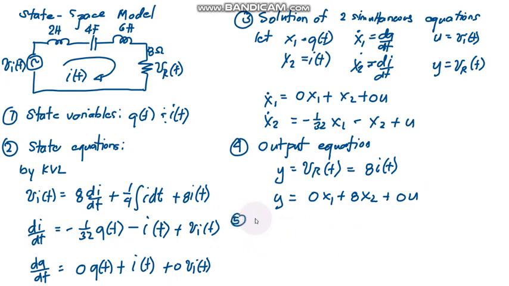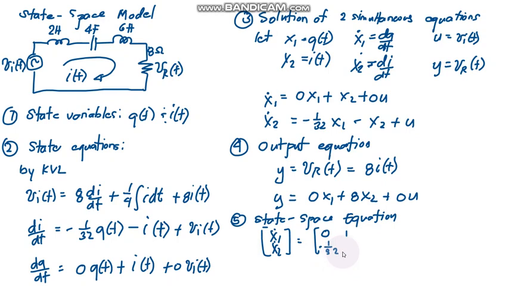And therefore, our state space equation in vector matrix form would be x1 dot, x2 dot will be equal to 0 1 negative 1 over 32 negative 1.